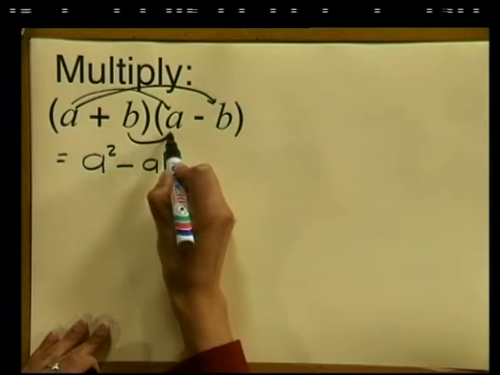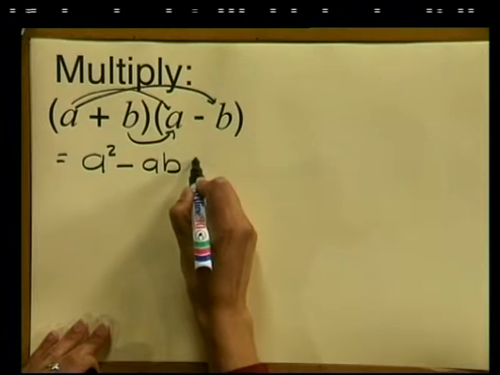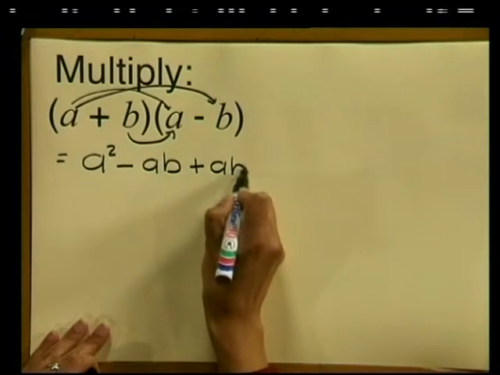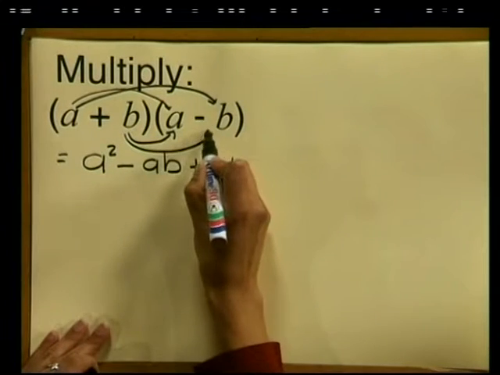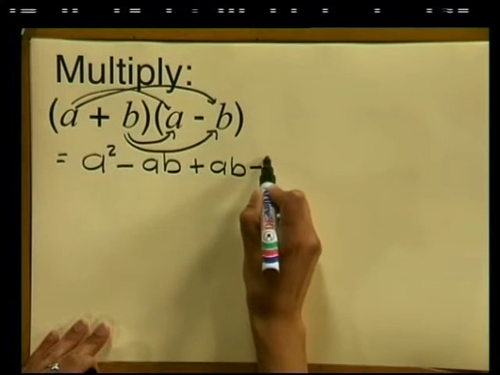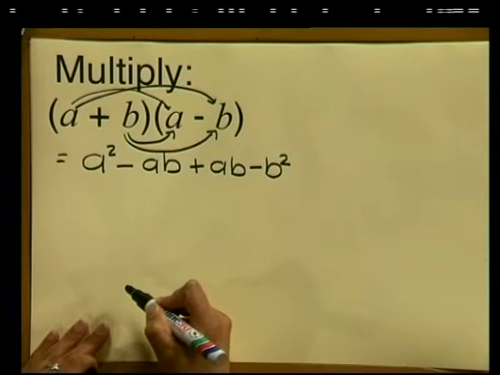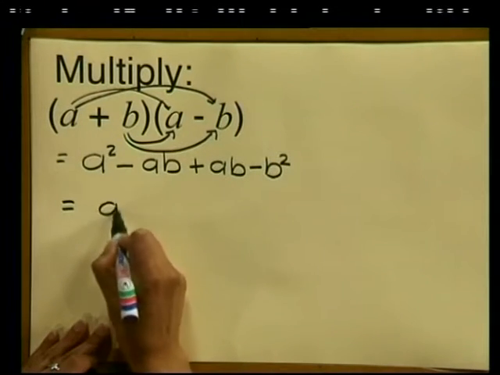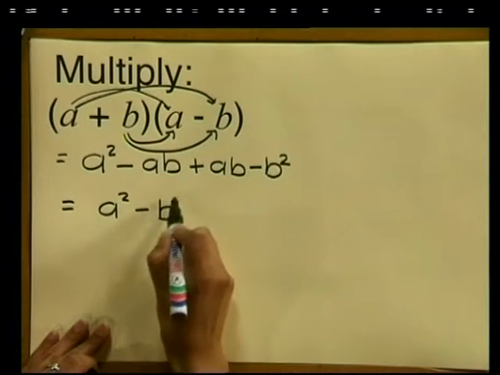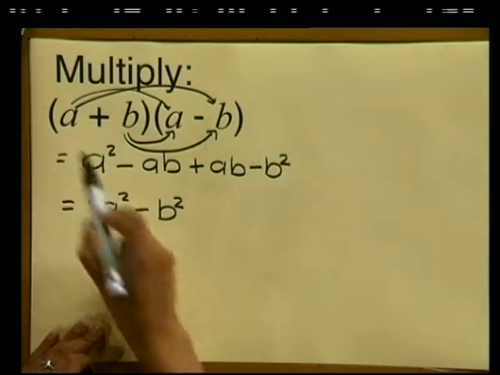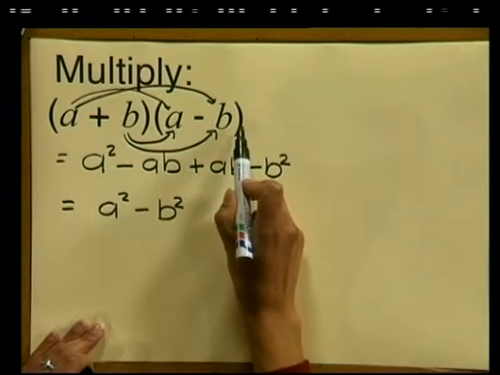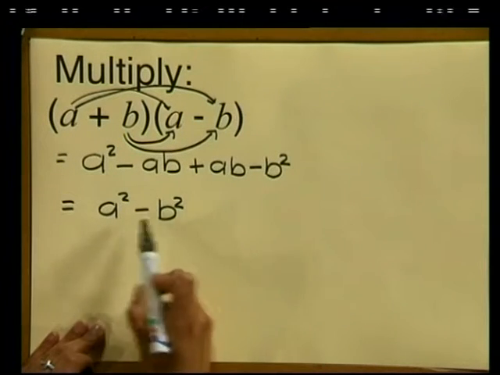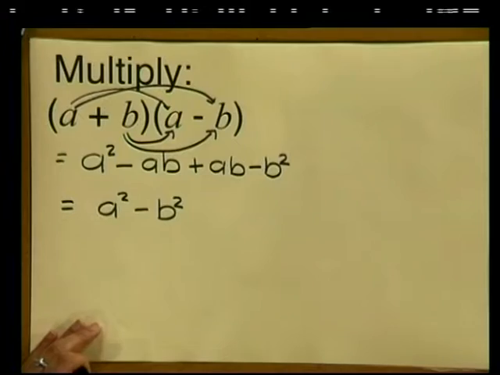Then b multiplied by a is going to give us plus ab, and b multiplied by minus b is going to give us minus b squared. So if you add your like terms, you will get a squared minus b squared. So multiplying a plus b by a minus b, we get a squared minus b squared.